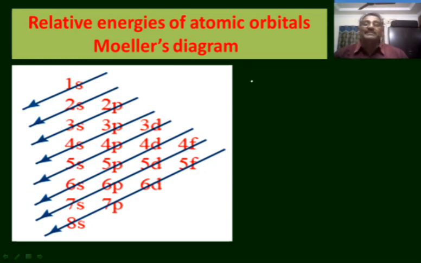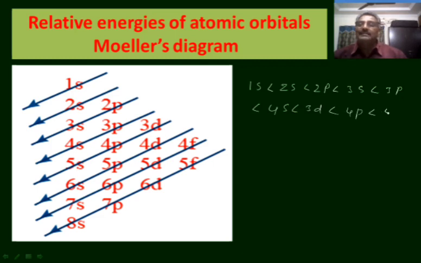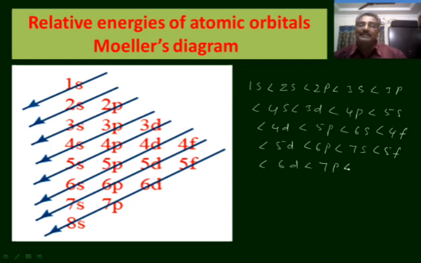According to this, the order of energies of various orbitals is 1s less than 2s, which is less than 2p, less than 3s, less than 3p, less than 4s, less than 3d, less than 4p, less than 5s, less than 4d, less than 5p, less than 6s, less than 4f, less than 5d, less than 6p, less than 7s, less than 5f, less than 6d, less than 7p, less than 8s.